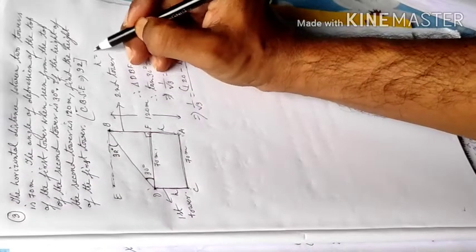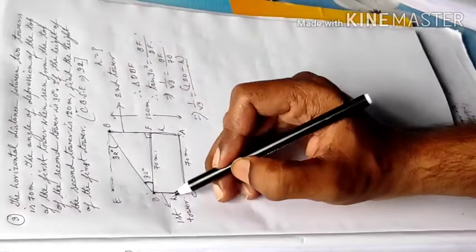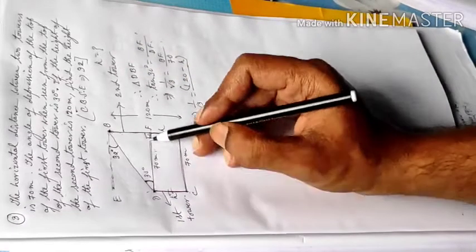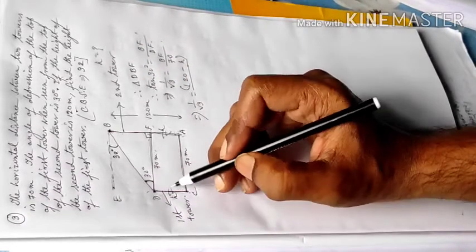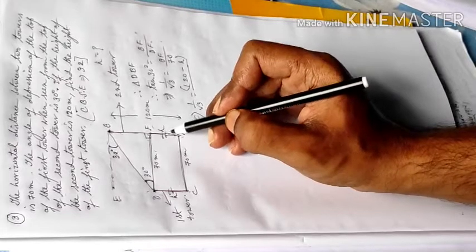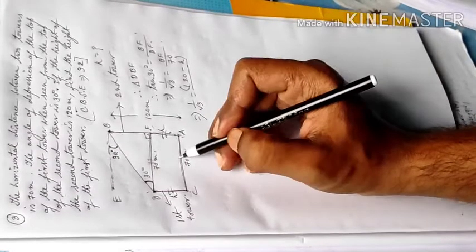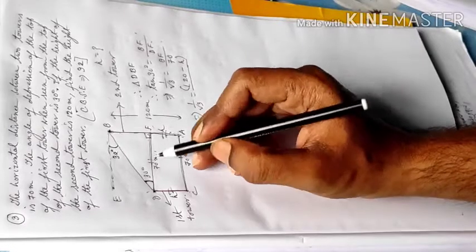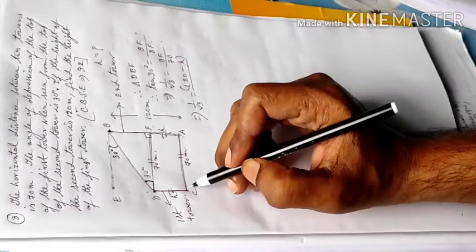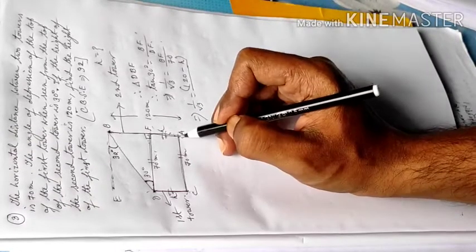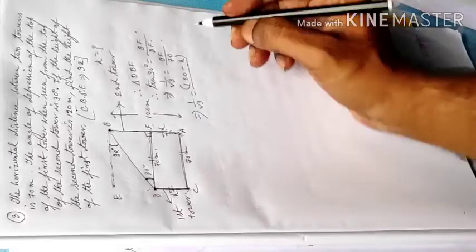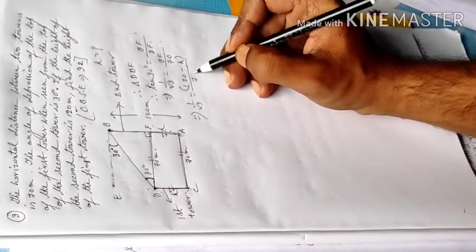Since this is a rectangle, opposite sides are equal. If this side is h, this is also h. If this is 70 meters, this is also 70 meters, because the distance between the two towers is 70 meters.